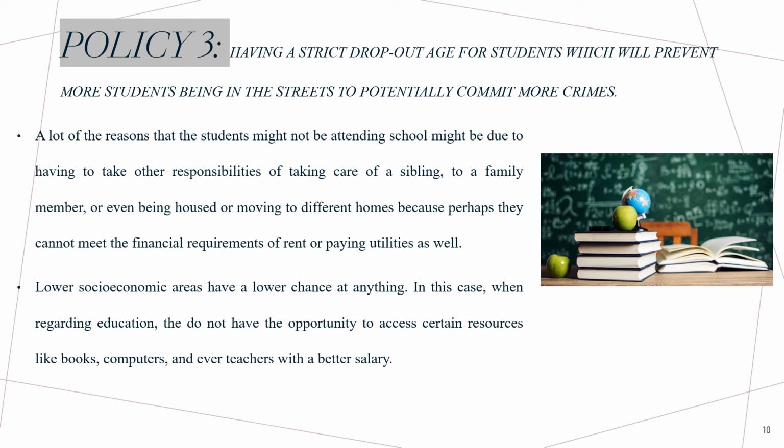So there are students who want to go to school and can't, because the rent and utilities have to be paid. They have to choose between going to school or helping mom and dad or somebody in the house get money.